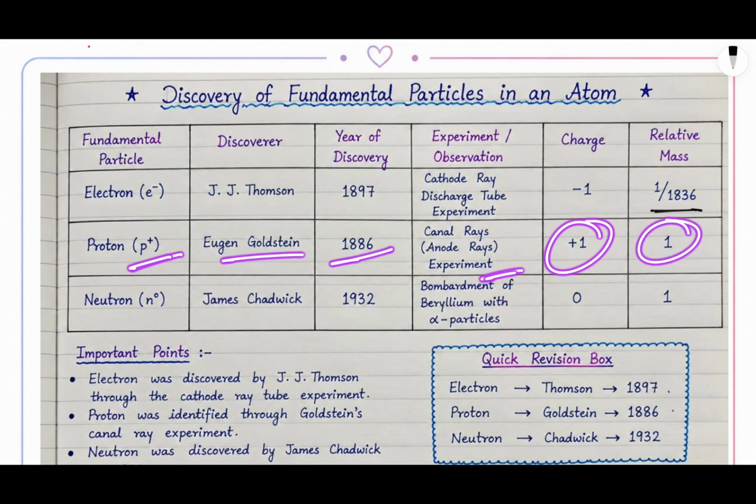And the neutron was discovered by James Chadwick in 1932, and as I mentioned earlier, he discovered it by bombardment of a thin sheet of beryllium with alpha particles. The charge is 0, and the relative mass is almost close to 1, because protons and neutrons have almost similar weight.